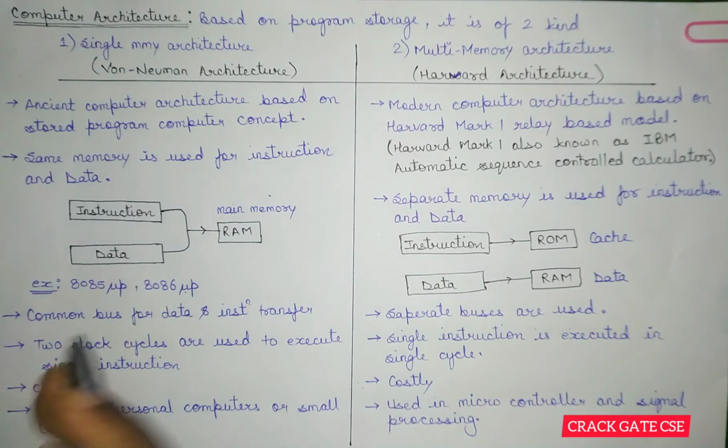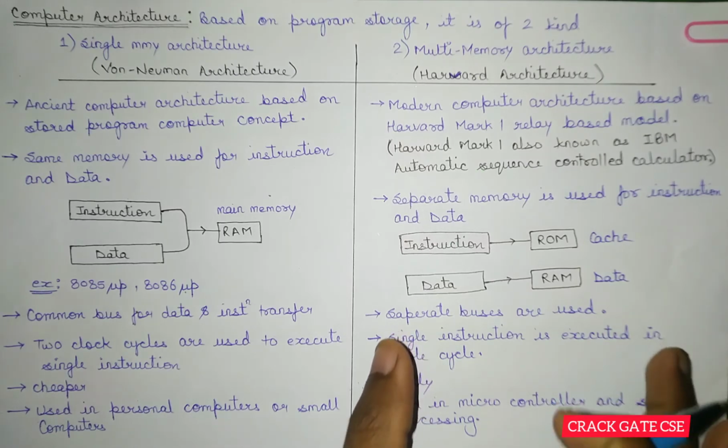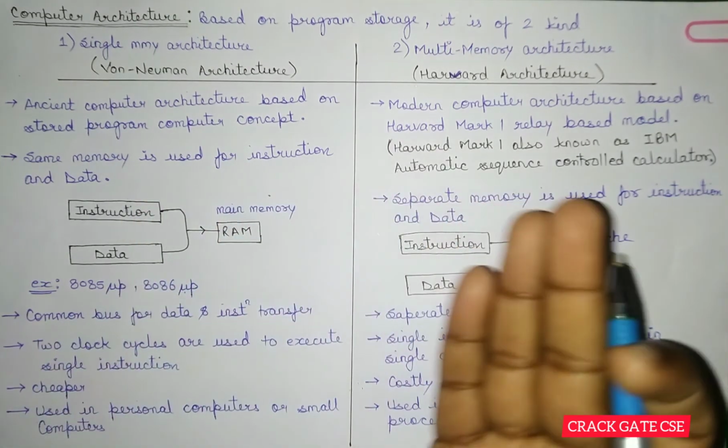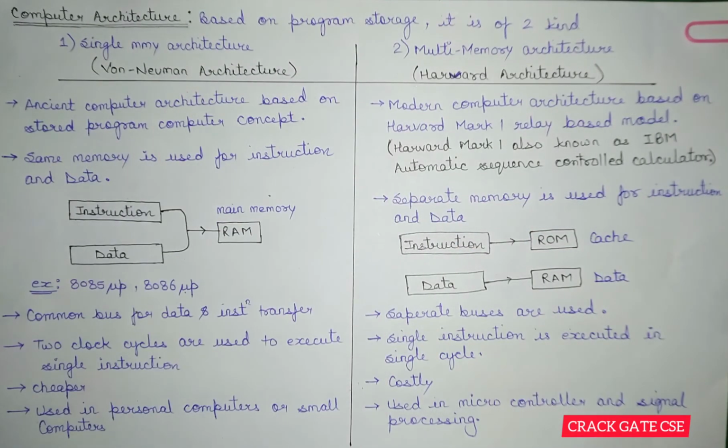And von Neumann architecture is comparatively cheaper, and this is costly because it is doing great work. The performance here is good. That's why it is costly. This is used in personal computers or small computers, whereas this modern architecture or the Harvard architecture is used in microcontrollers and signal processing.